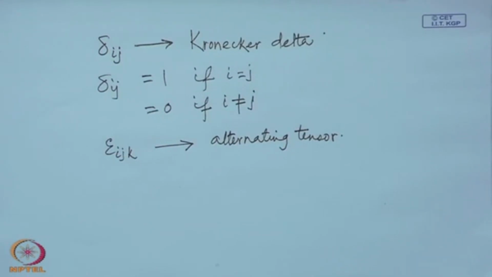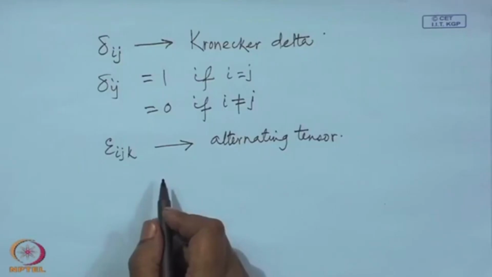It needs 3 subscripts to express it. Third order tensor, meaning in 3 dimensions it has 3 by 3 by 3, that is 27 elements in total, and here also the elements have pre-assigned values.